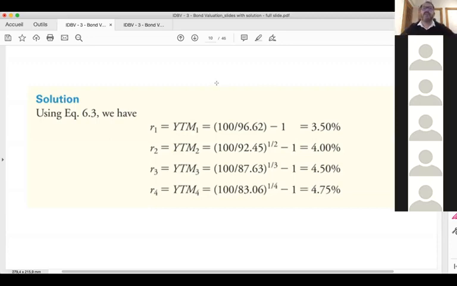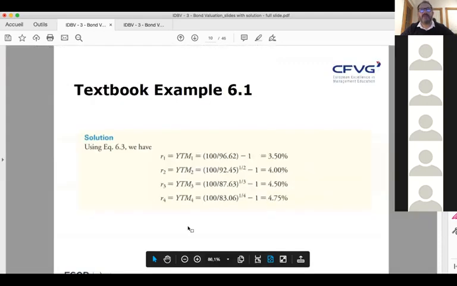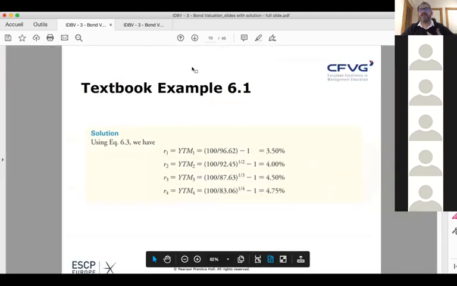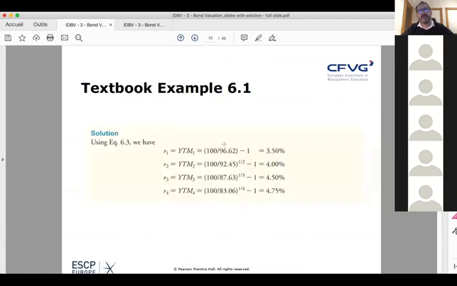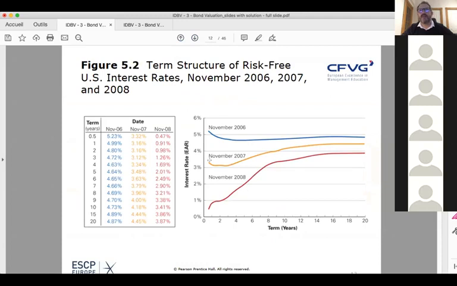This is not by chance, or not disconnected from something else, because it should recall what we studied yesterday about this curve in the interest rate.